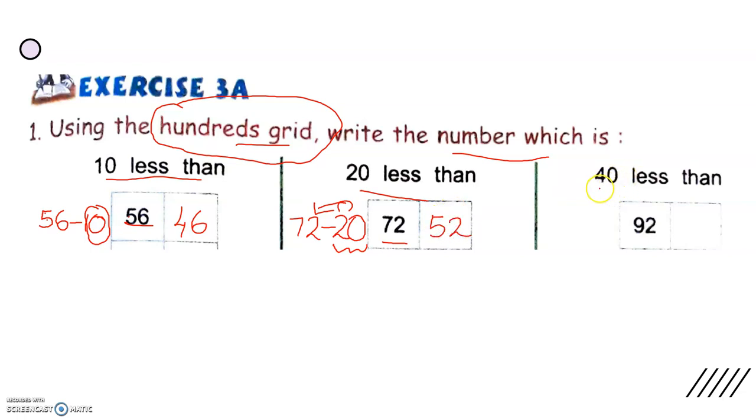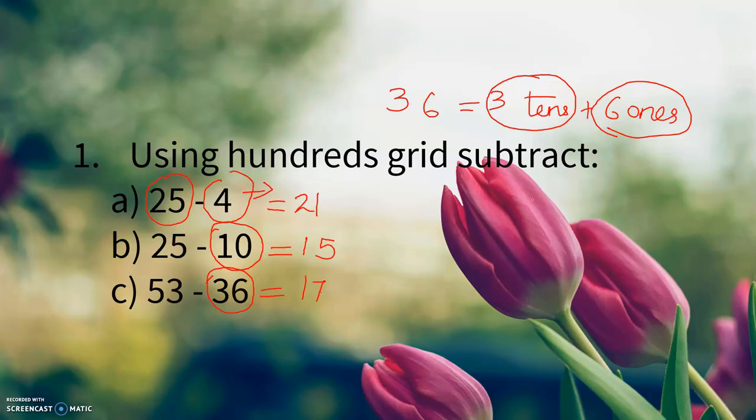Now the next question is 40 less than 92. 40 less than 92 means 92 minus 40. 40 means 4 tens. So from 92, you have to subtract 4 tens, which means you have to move 4 times upward.